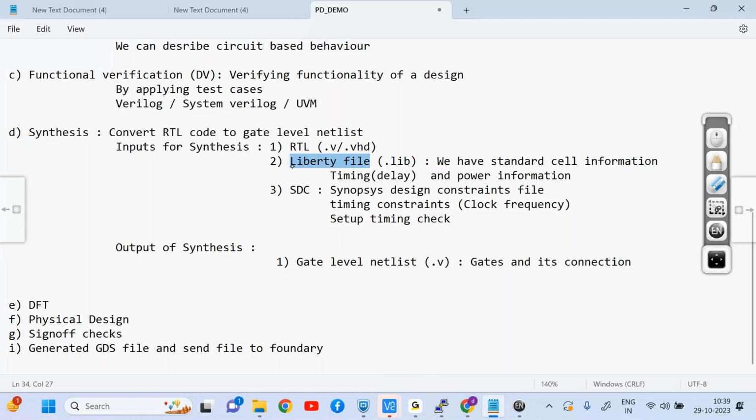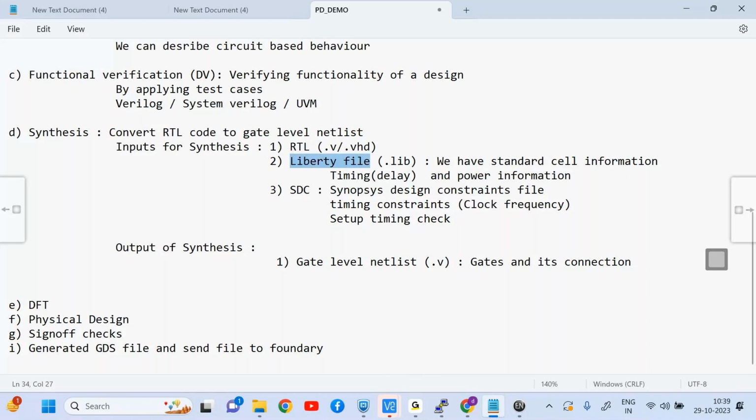That is called GTech files, generic files. If I don't give this external file, then the tool will convert to the cells of that internal GTech file. The first step is it will convert to the internal cells, then it will convert to the cells present in the Liberty file.